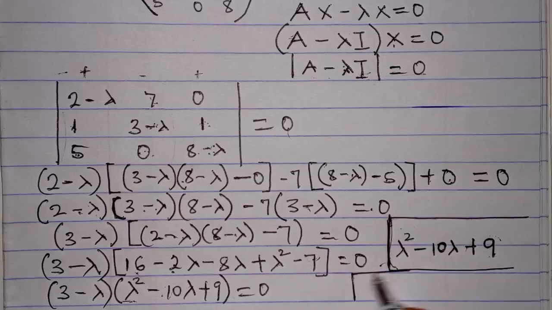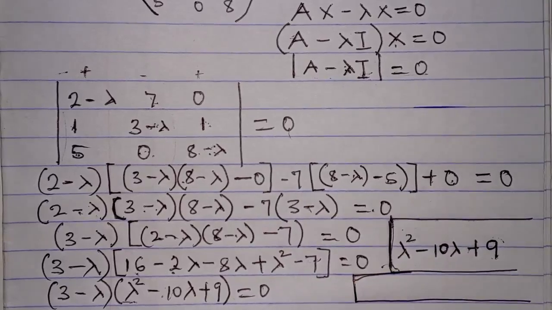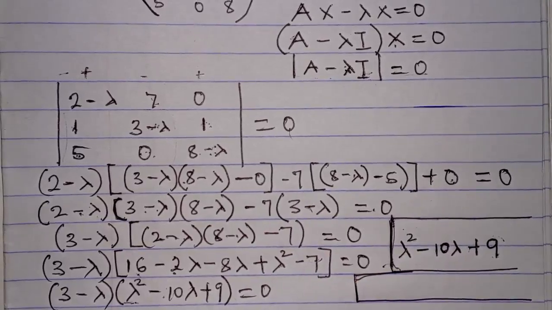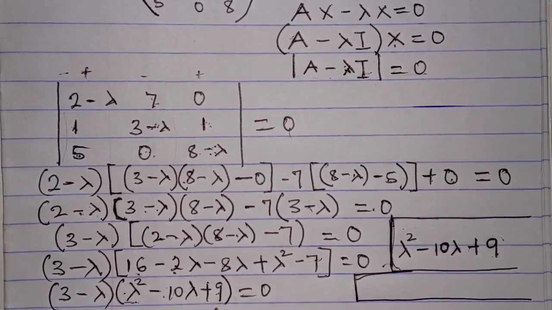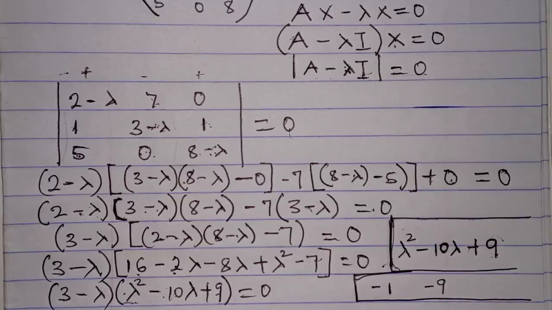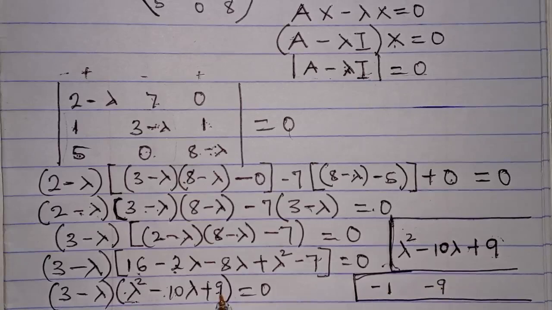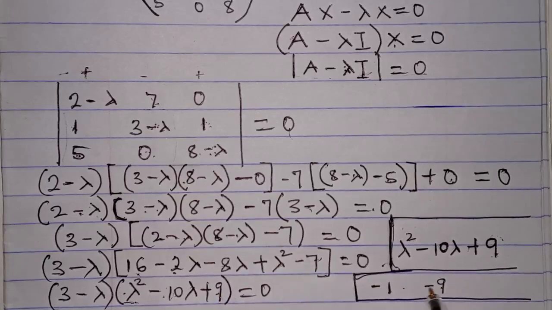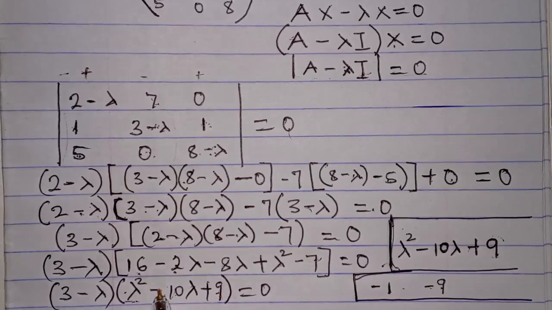Let's do it here again. Two numbers were multiplied to give us 1 times 9, which is 9, and when added to give minus 10. And the numbers are minus 1 and minus 9, because minus 1 times minus 9 is positive 9, minus 1 plus minus 9 is negative 10.